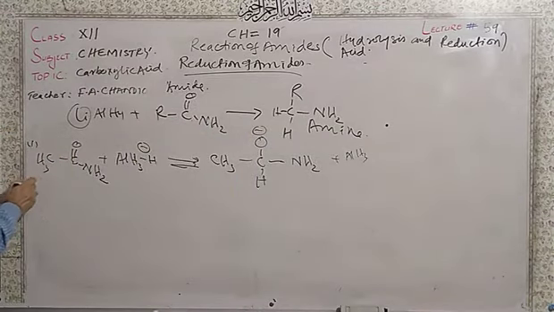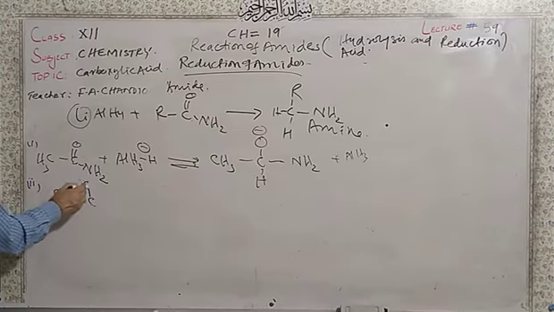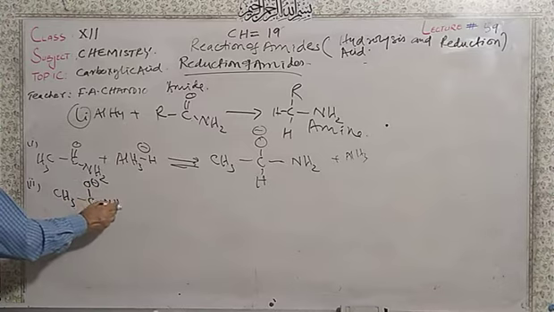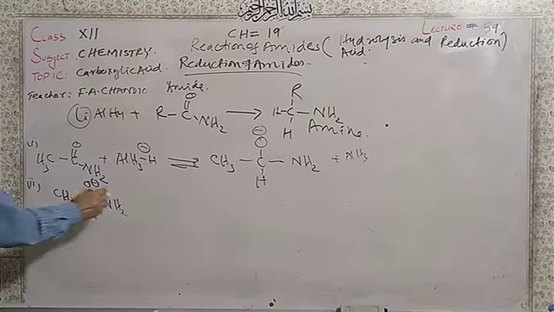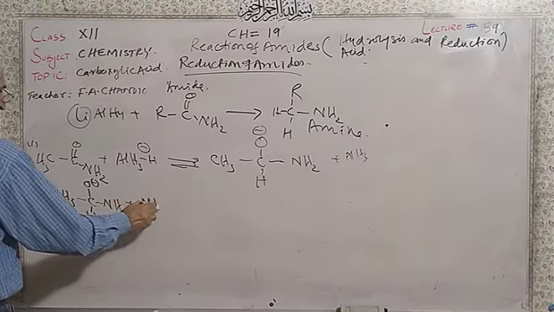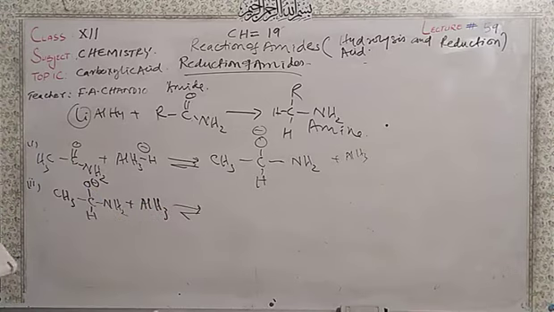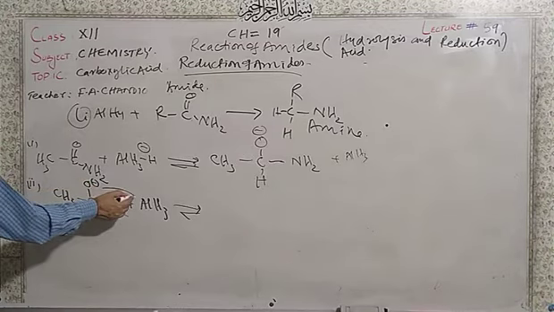In step number 2, same. This is the intermediate product, negative charge, hydrogen, amide. This is the amide group. So this is going to react again with aluminum hydride, which we removed in the previous case. So it is going to form a complex here.